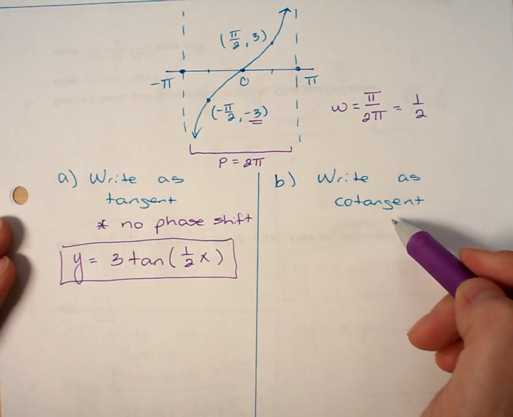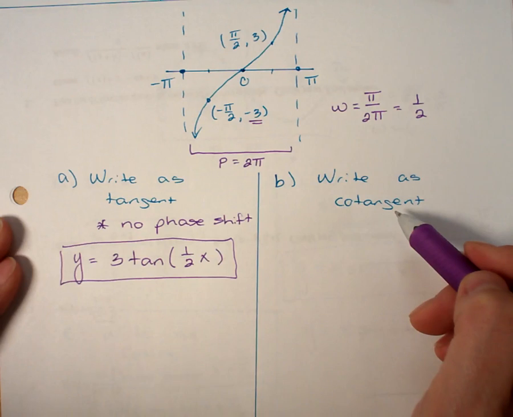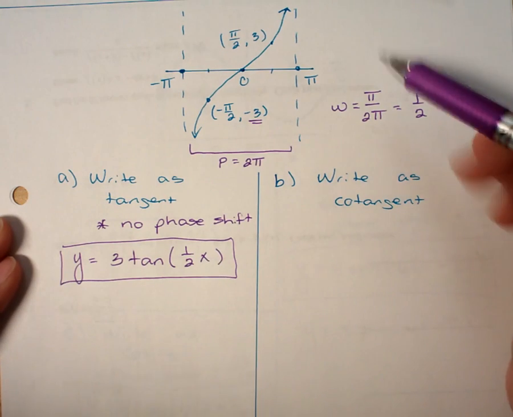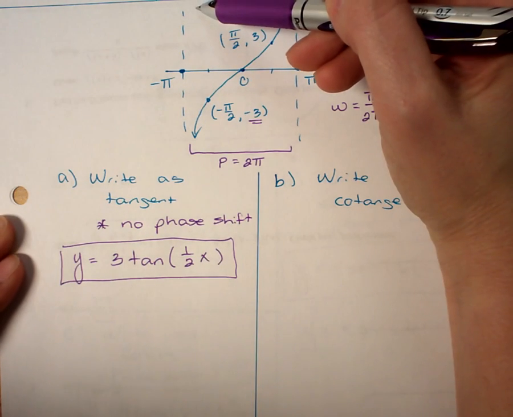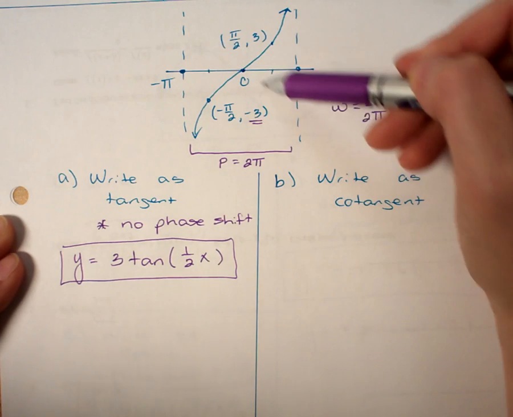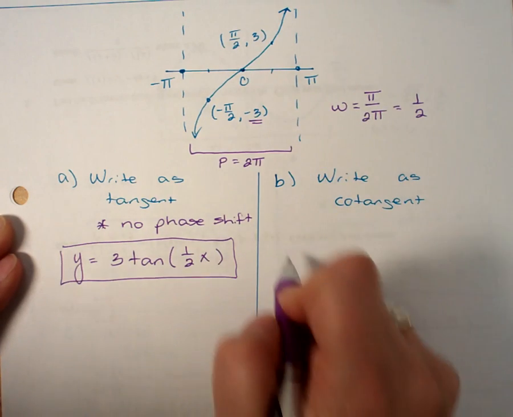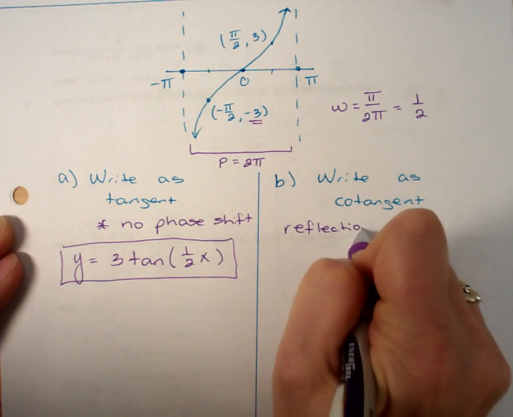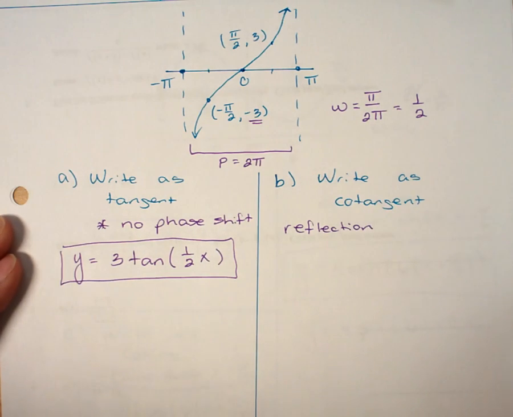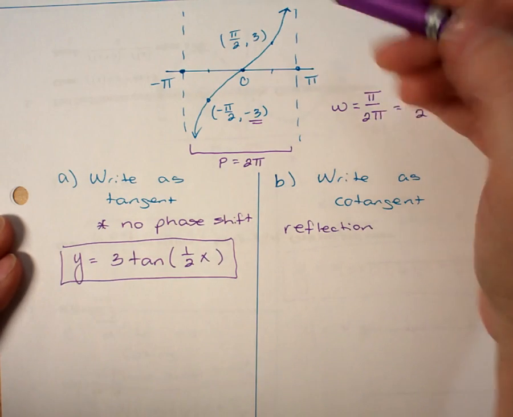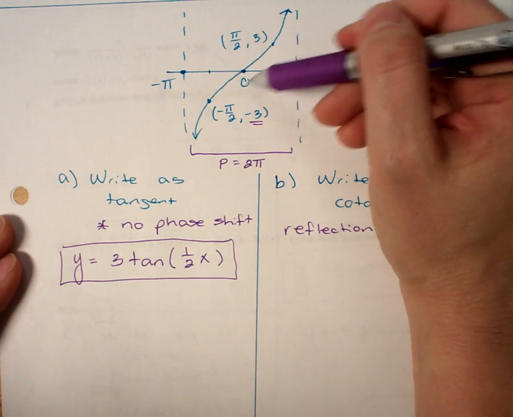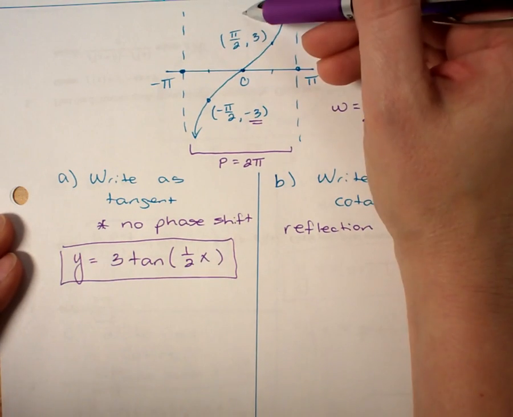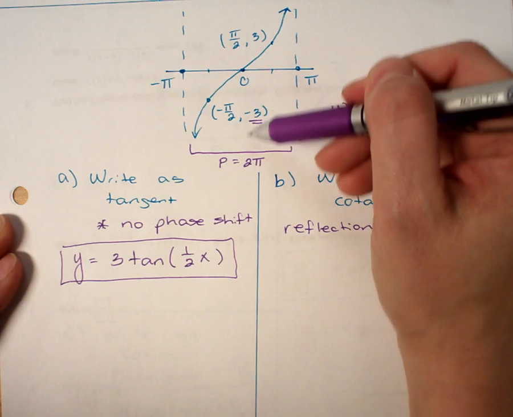As a cotangent graph, we're going to see a little bit more happening here. First of all, our parent cotangent graph would normally come down. So immediately what I know is that there is a reflection. Next, when I think about cotangent's behavior around the y-axis, what I would normally see right here is an asymptote.